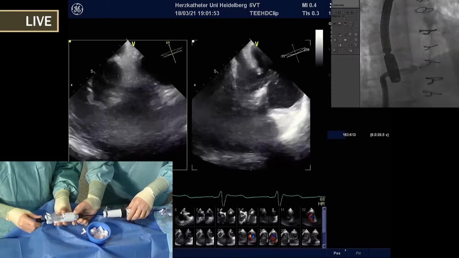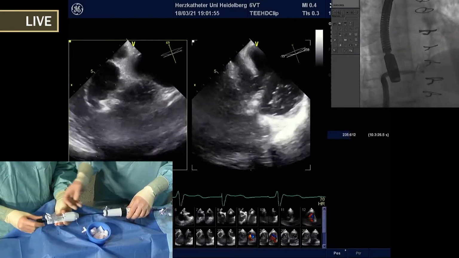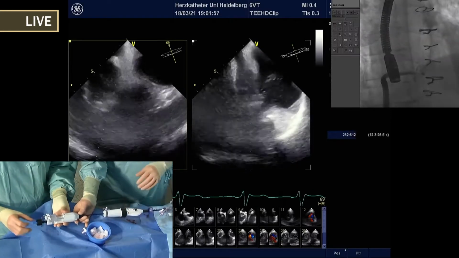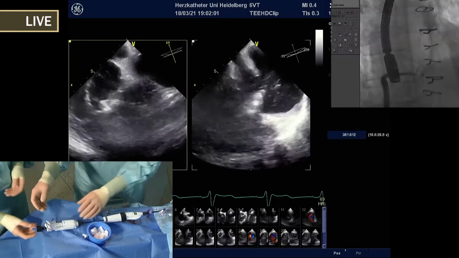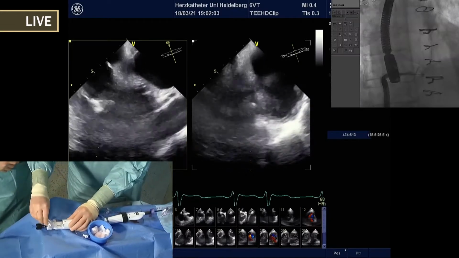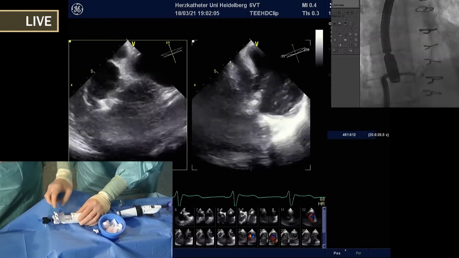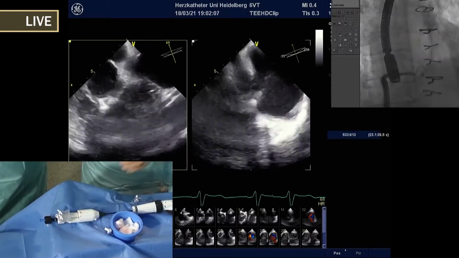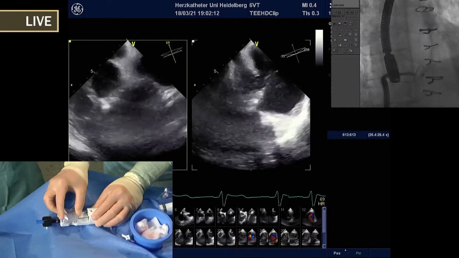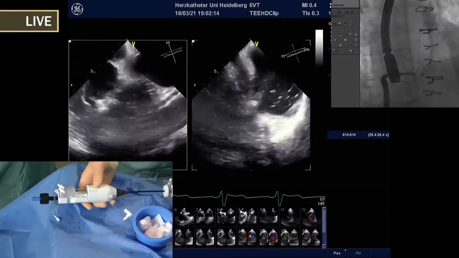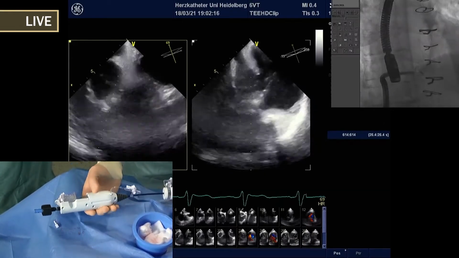So we open the device. The device is opened by turning the actuation knob. And then these are the sliders which maneuver down the clasps. And when we try to get a good image in the echo, I will rotate the clip a little bit to get in the right position.